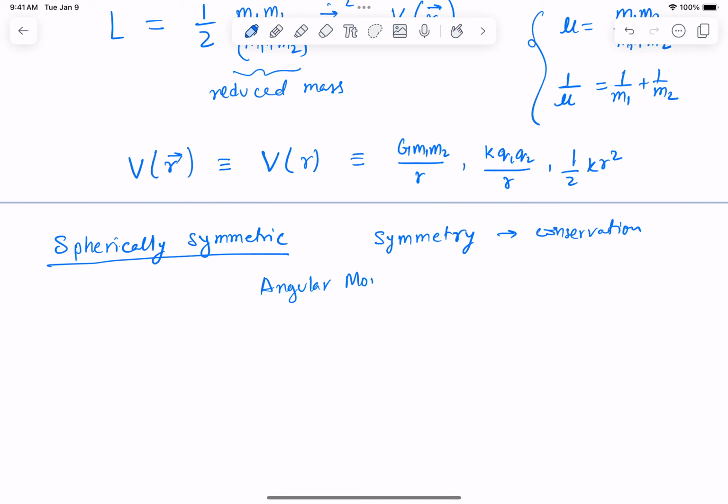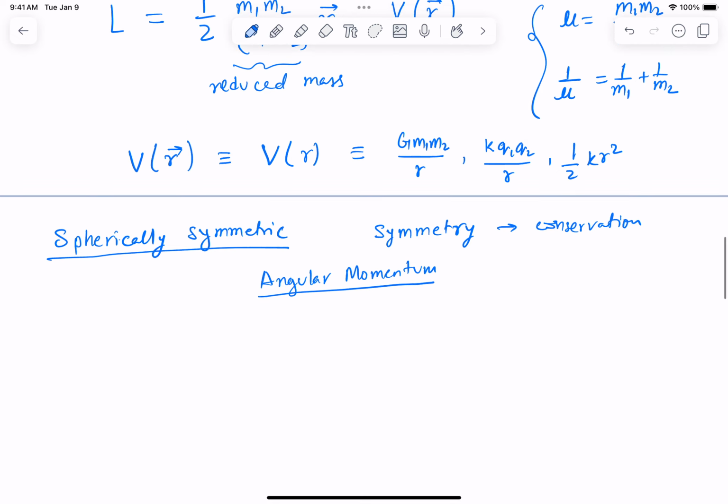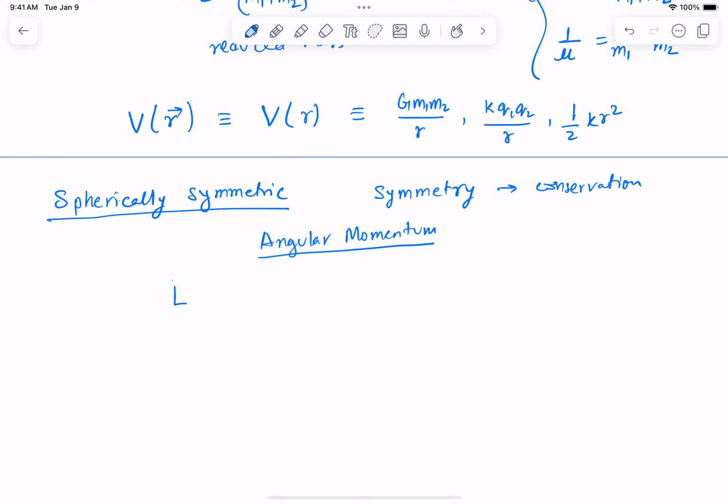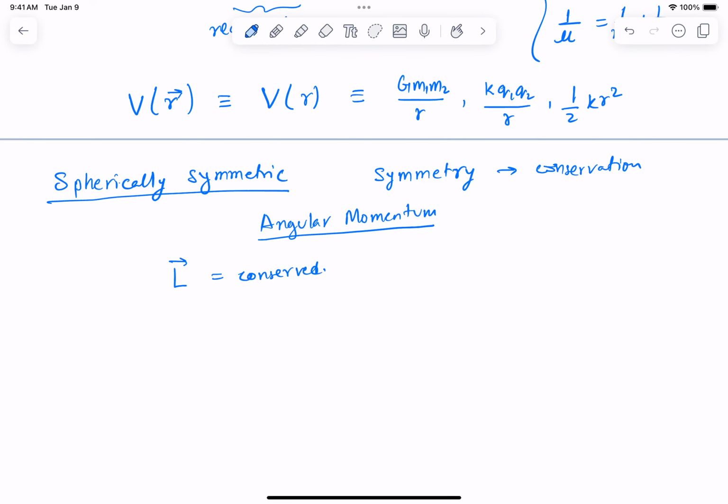The angular momentum of the system is conserved. And since the angular momentum is conserved, let's say there is some angular momentum vector. Because it is conserved, this vector is going to point in the same direction always.